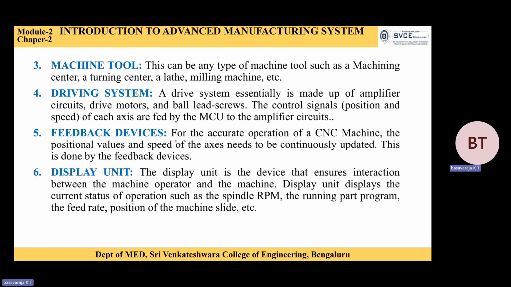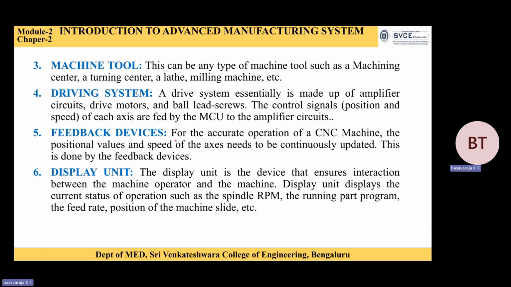Feedback devices. For the operation of the CNC machine, the positional value and speed of the axis need to be continuously updated, and this is done by the feedback device. Okay, so not only the position and the speed at which the spindle is rotating, but every position of the task and execution of the task, what task is presently being worked on, and which component is properly working and which is not working.